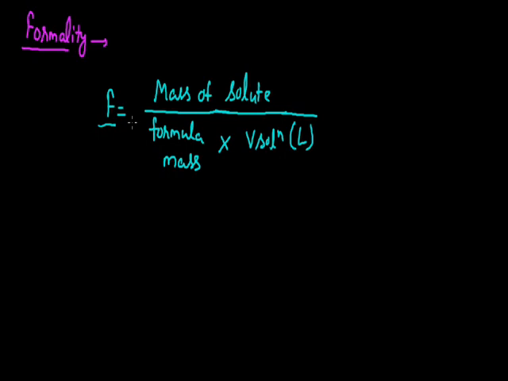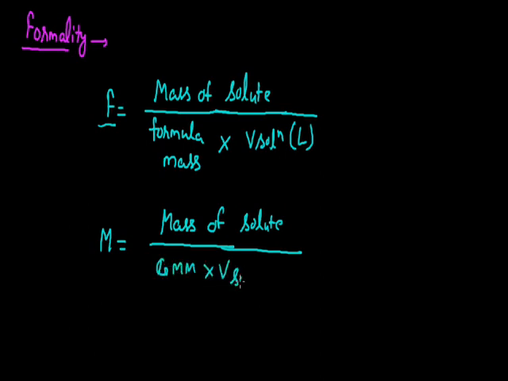Here only one difference exists, as we have seen in the case of molarity. Molarity is equal to the mass of solute divided by gram molecular mass and the volume of solution.